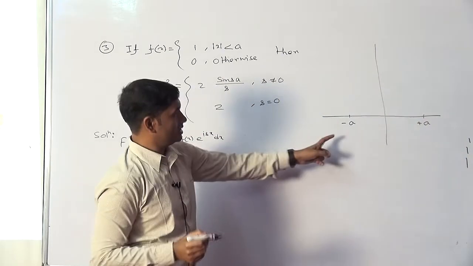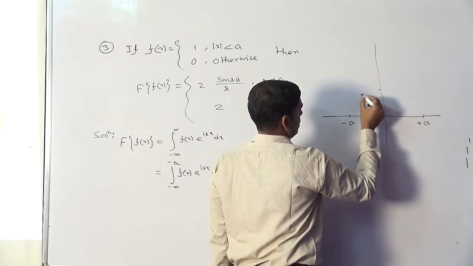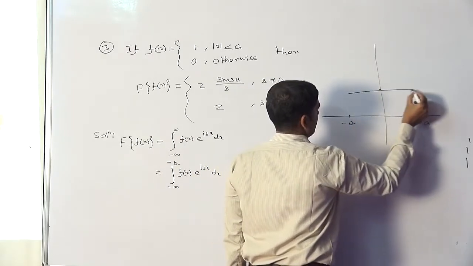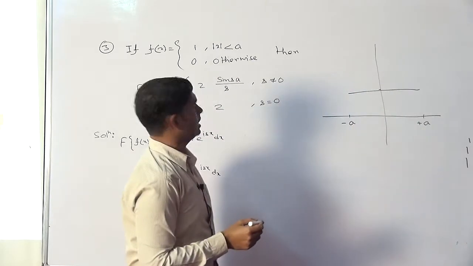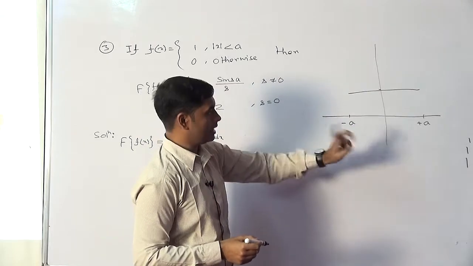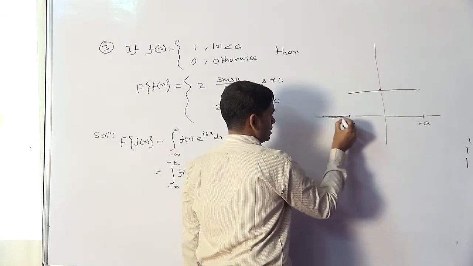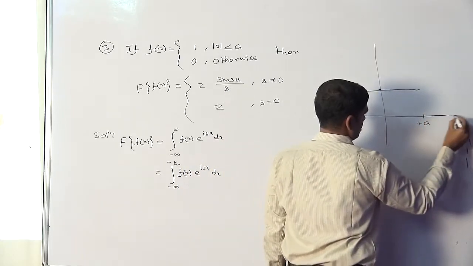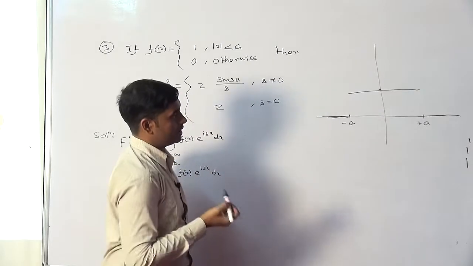Then in the region minus a to a, f(x) is 1, suppose this is y equal to 1, and otherwise, either less than minus a or greater than a, it is 0. So the function looks like this sort of function, discontinuous at minus a and plus a.